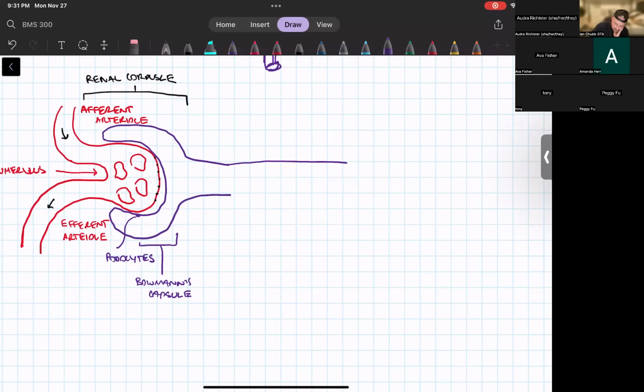From here, we enter a region called our proximal convoluted tubule, or PCT.